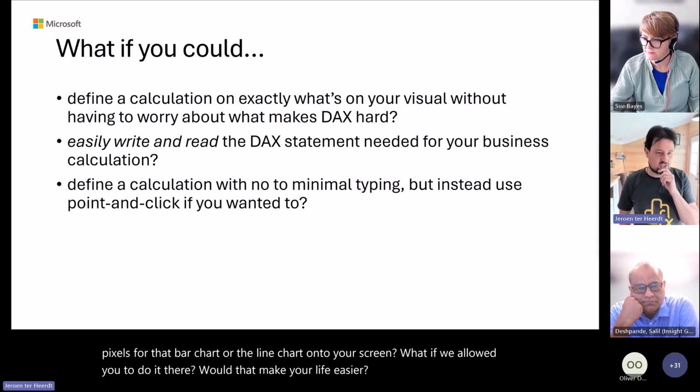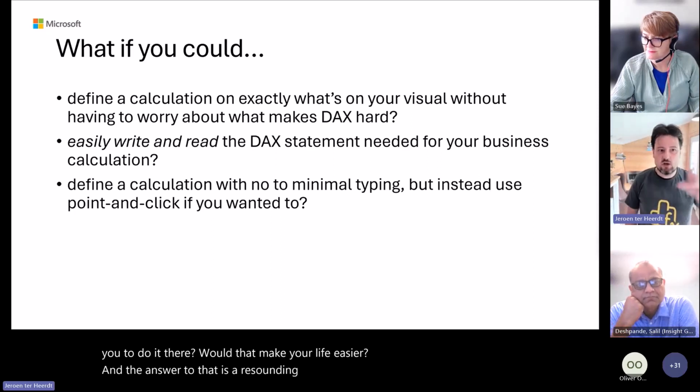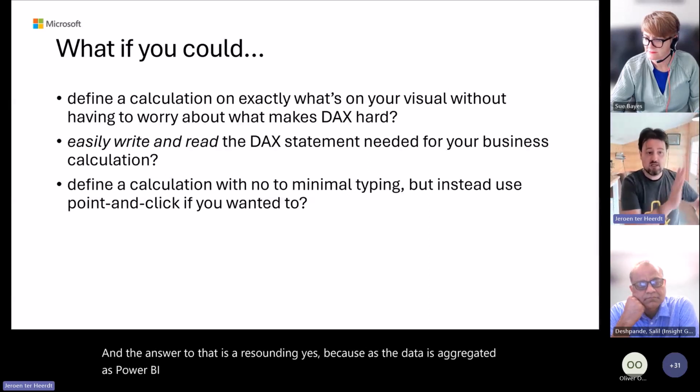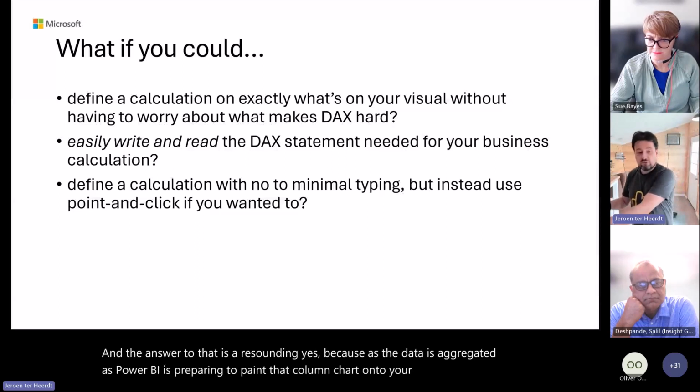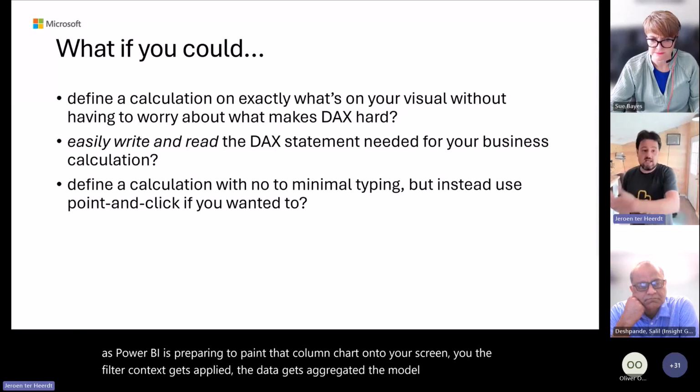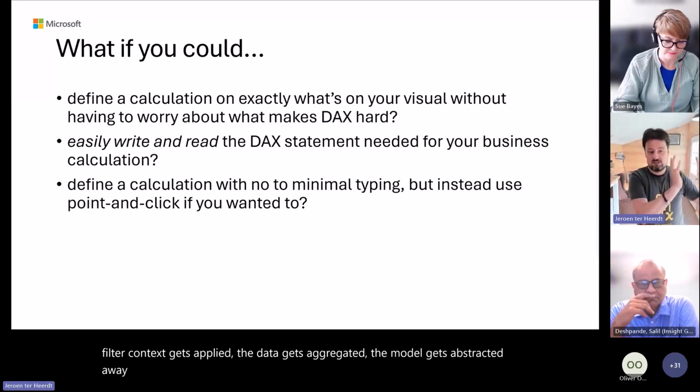And the answer to that is a resounding yes, because as the data is aggregated, as Power BI is preparing to paint that column chart onto your screen, the filter context gets applied. The data gets aggregated, the model gets abstracted away into a very simple table.